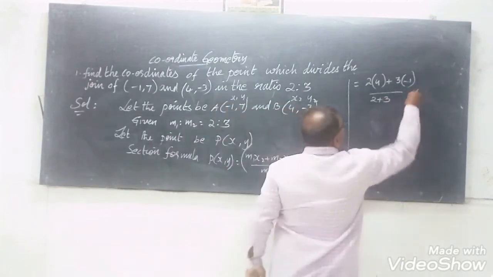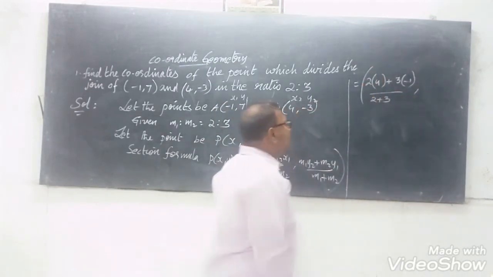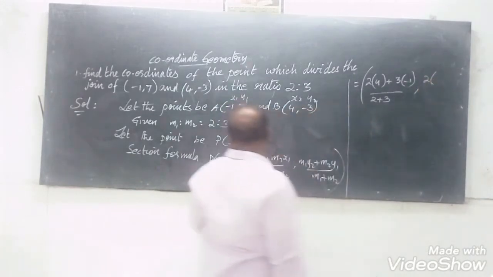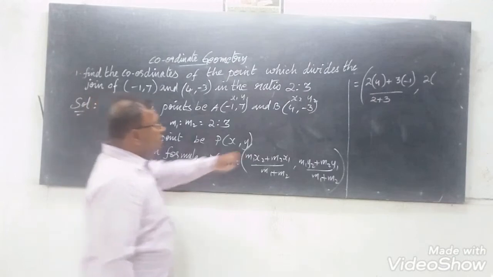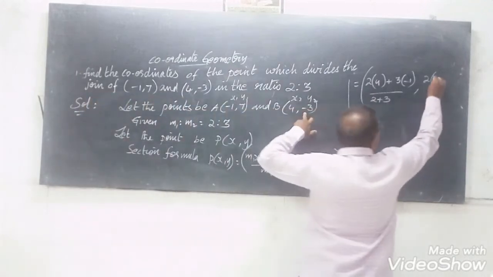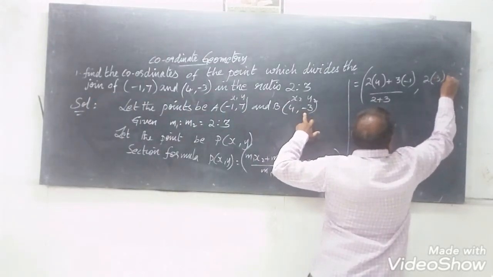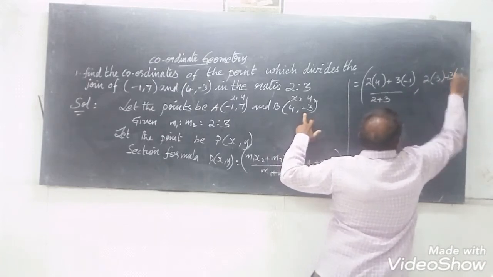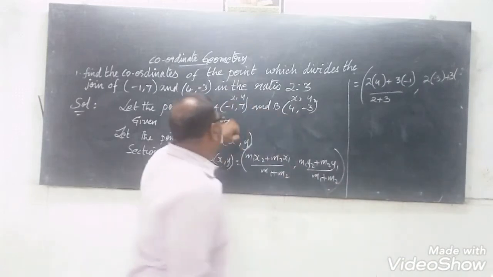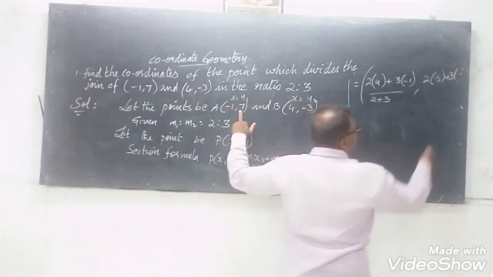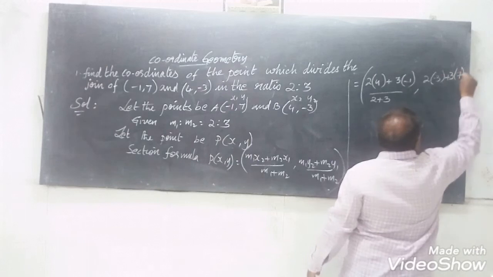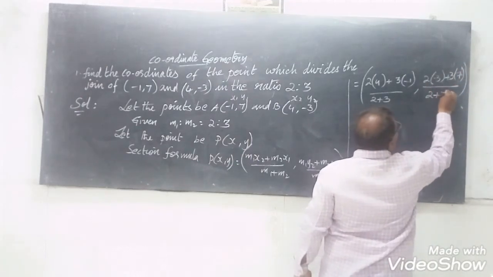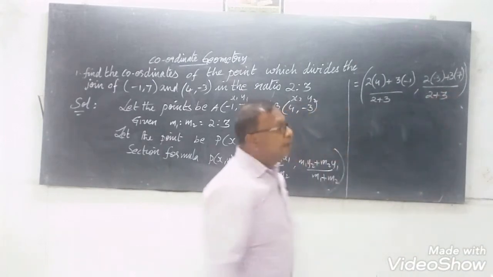Then comma, we can write big brackets here. Same again, m1 is 2. This time it is y2, what is y2? Minus 3. Plus m2, which is 3, into y1, what about y1? It is 7. Now I am closing this bracket, and as usual 2 plus 3, m1 plus m2.